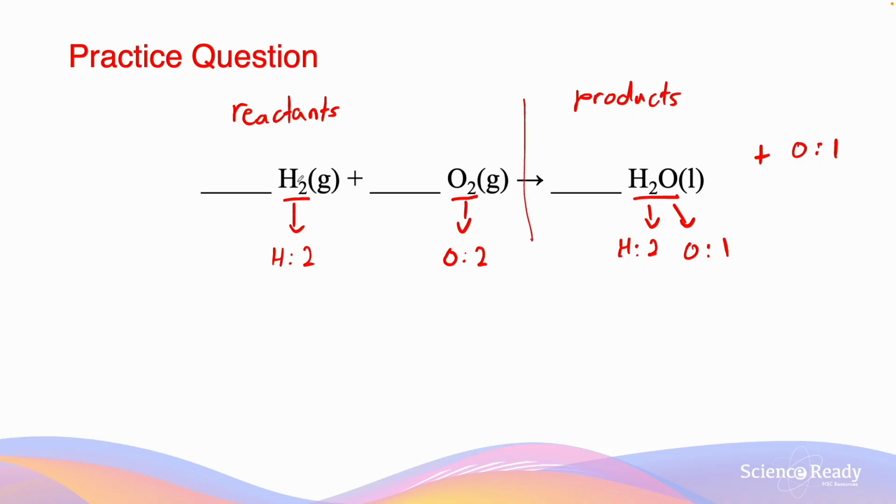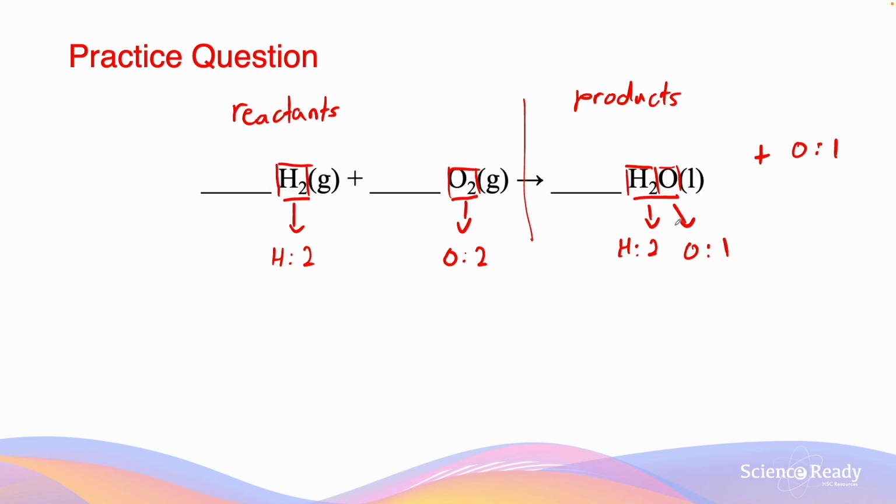So for example, hydrogen, H, is only found in H2 on the reactant side, and H is only found in H2O on the product side. Similarly, oxygen is only found in O2 on the reactant side and found in the H2O on the product side.